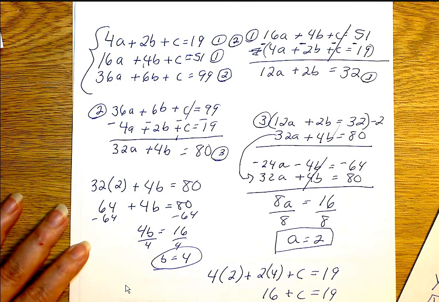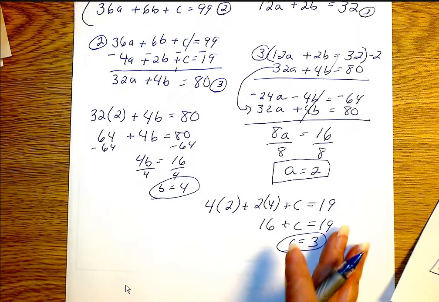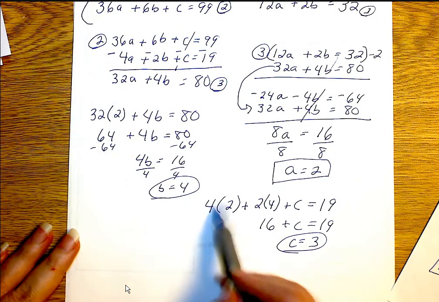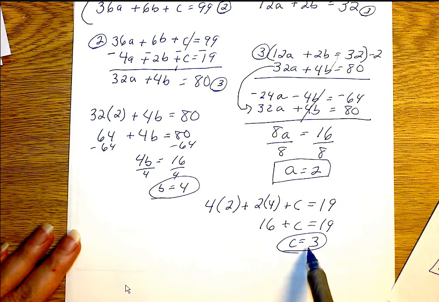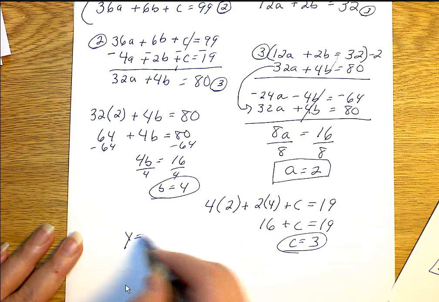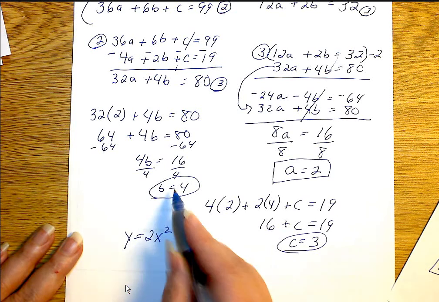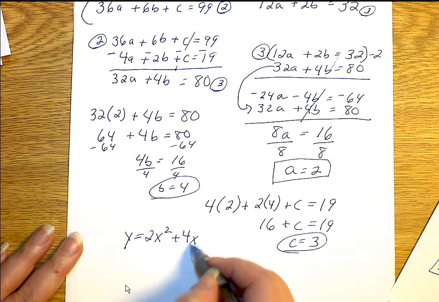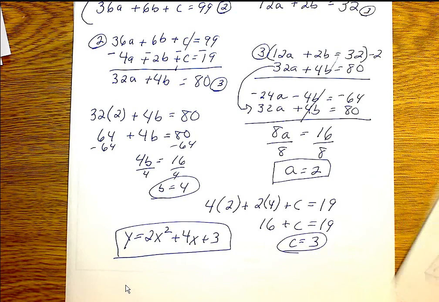So 16 plus what gives you 19? That's 3. So your final step will be y equals a, which is 2x squared, plus 4x plus 3. And that is what we got when we used matrices.